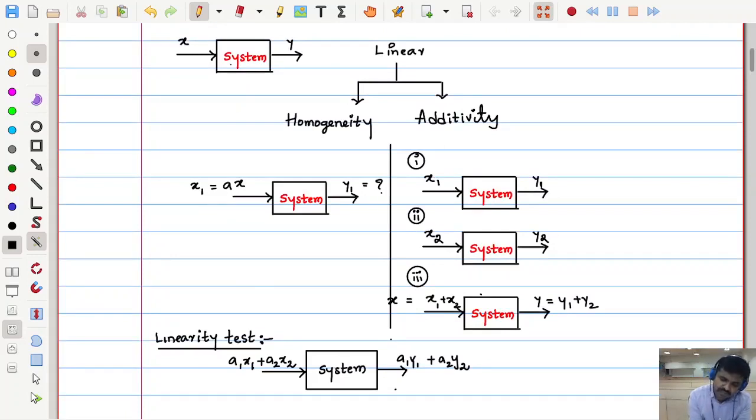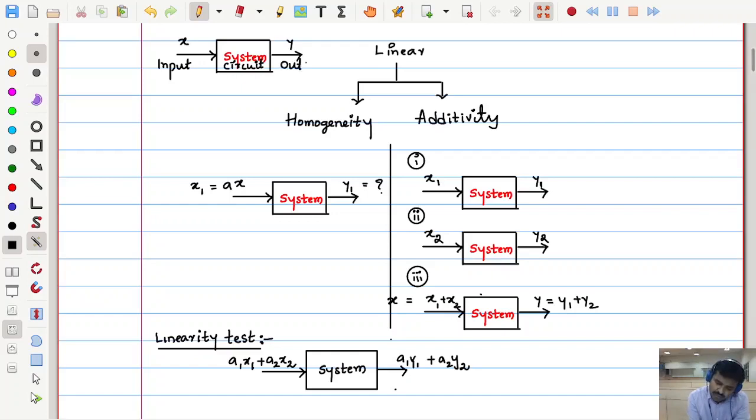So let us have a system. Here, system means you can assume that it is a big circuit. In our subject you can consider it as a circuit. For it we may give some input X. This input may result in some output at some resistor or some other element, a current source or voltage source, whatever it may be.